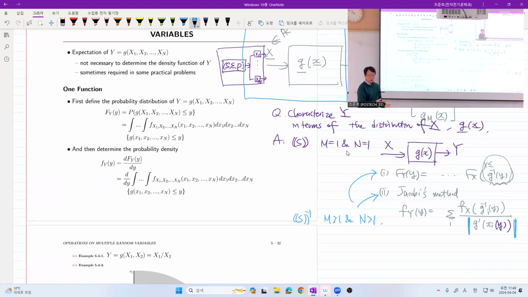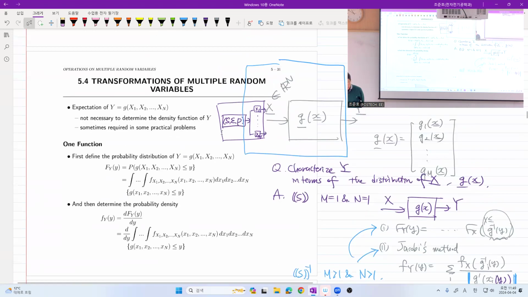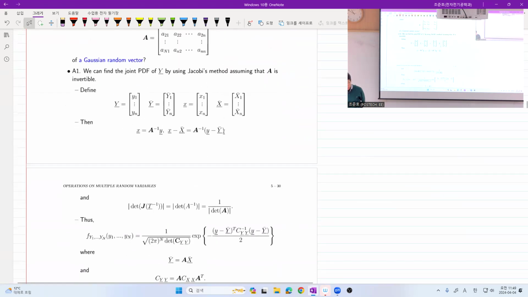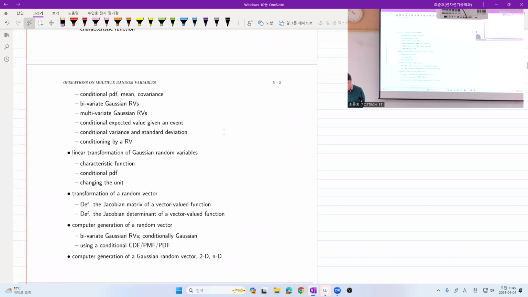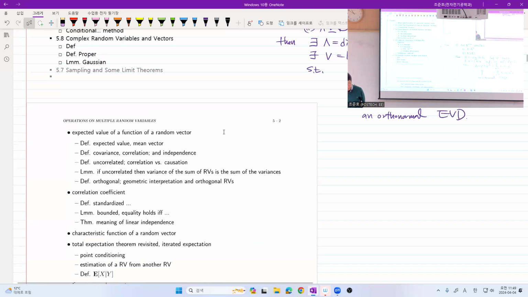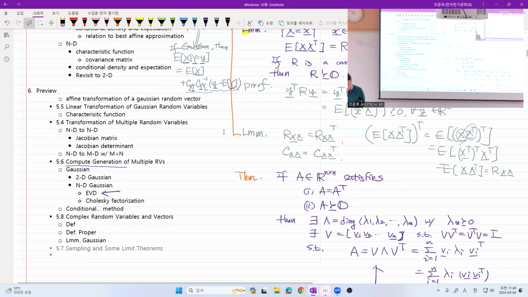In order to approach this, we again consider simplification. What we do is that we consider the simplest case of n-dimensional to n-dimensional. Because that gives us a simpler idea.